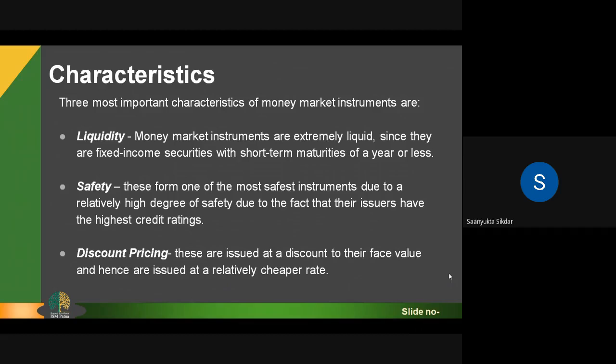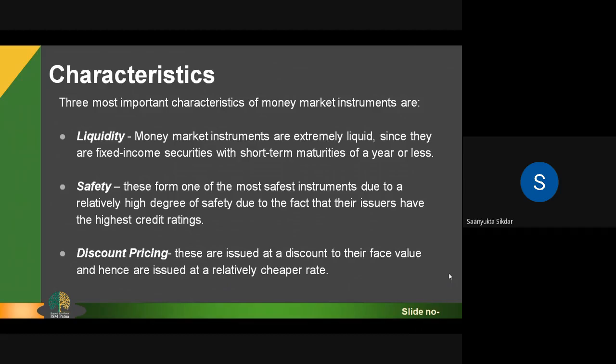For example, an investor who needs liquidity and has little risk tolerance may put some of their money into treasury bills. Money market instruments give businesses, financial institutions, and governments a means to finance their short term cash requirements. Usually, three important characteristics are associated with these instruments.